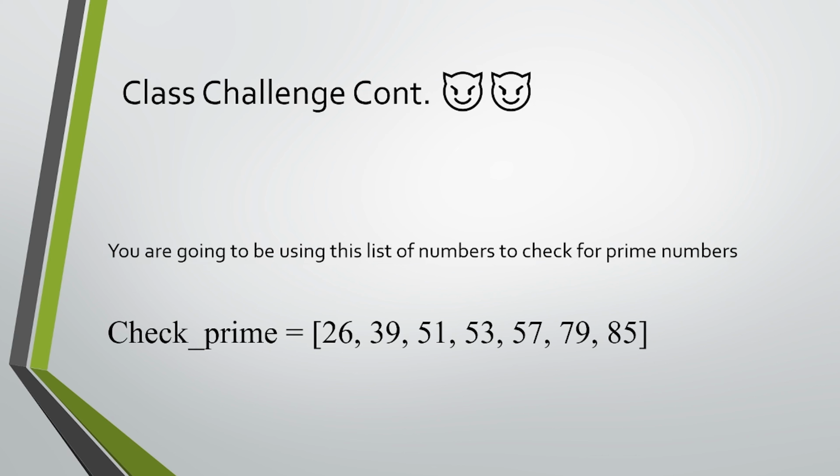This is the list of numbers to check. You're going to be checking 36, 39, 51, 53, 57, 79, and 85. Loop through this list, and use an if statement to check if 26, 39, 51, 53, etc. are prime numbers or are not prime numbers.